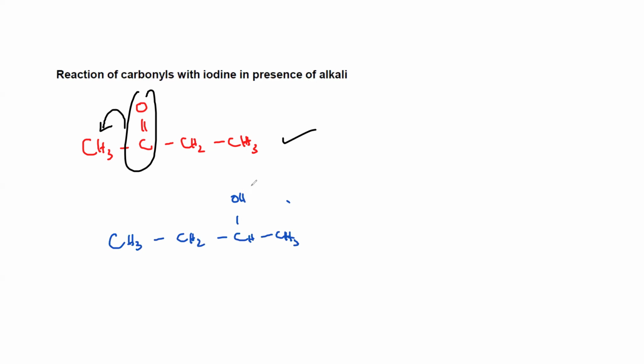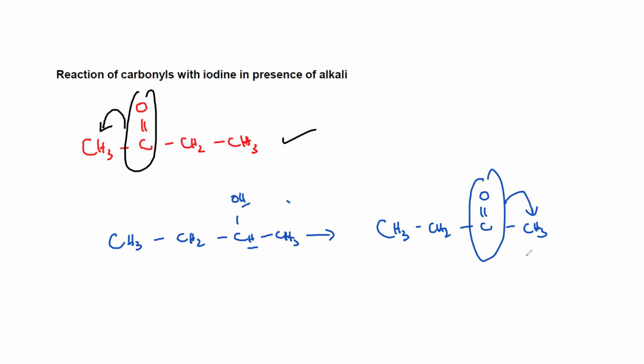Because alcohols can be oxidized, this alcohol is first oxidized because of the medium, so the product will be CH3, CH2, C. This H and OH will be removed, like two hydrogens will be removed. So C double bonded with O and CH3. And then because the triiodomethane reaction occurs, because next to the carbonyl group there is a methyl group, this will also give a positive result.